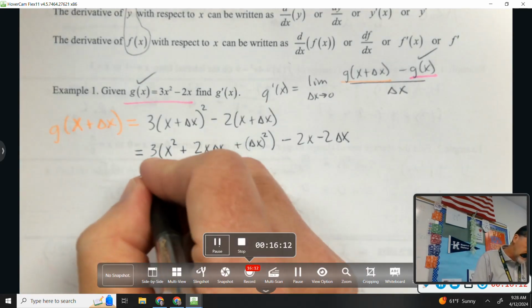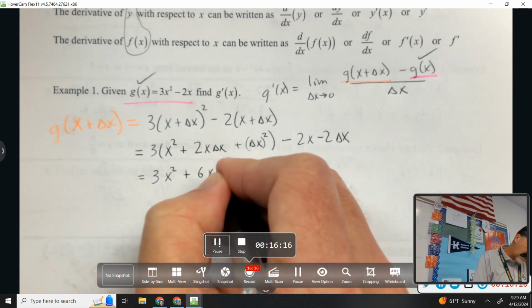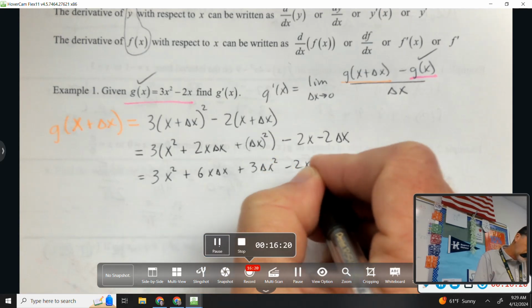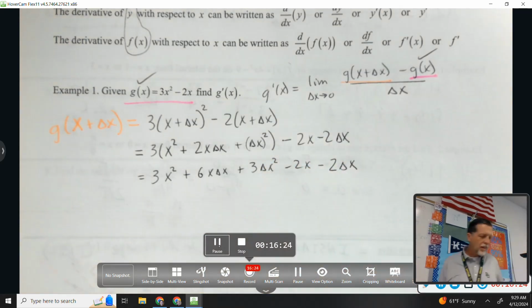So let's distribute the 3: 3x squared plus 6x delta x plus 3 delta x squared minus 2x minus 2 delta x. Do you see any like terms? I hope not, because I don't. I mean, I wish we did, because it'd make life a little easier, but there's no like terms in there.